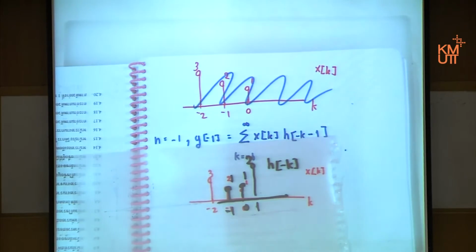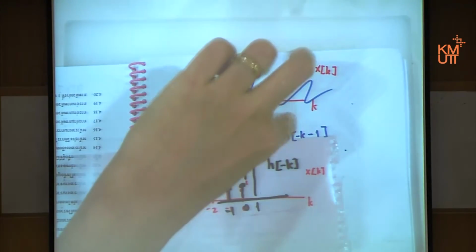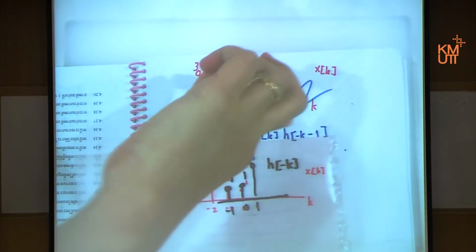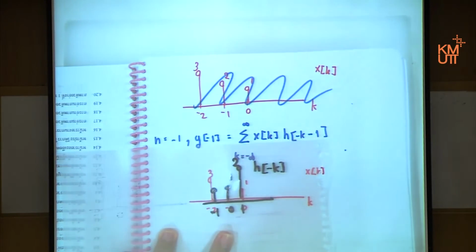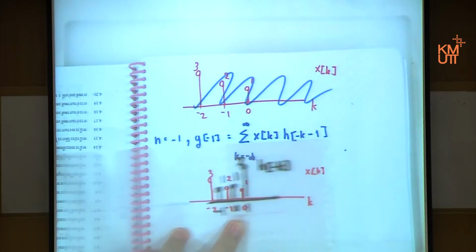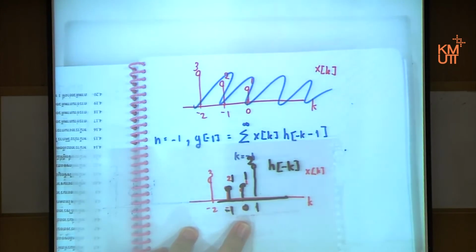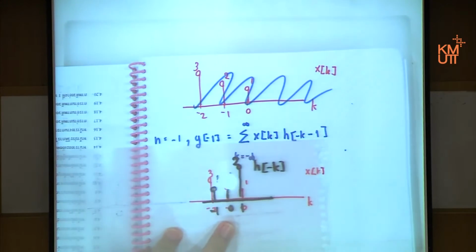If you shift, for this case, h[-k - 1], it means that you shift h[-k] to the left by 1 unit, right? Shift the black one to the left by 1 unit, so you get this one. It was here at first, shifted left by 1 unit, so it comes to be like this.